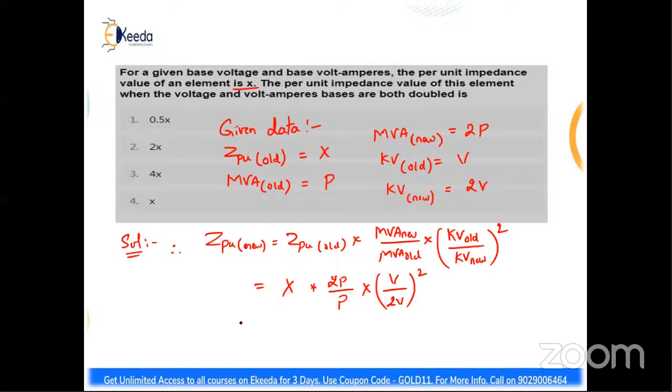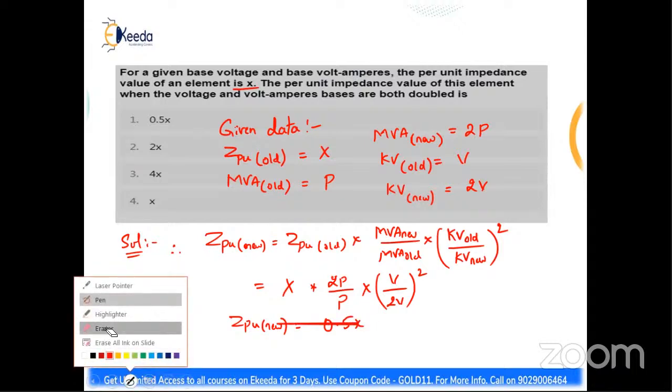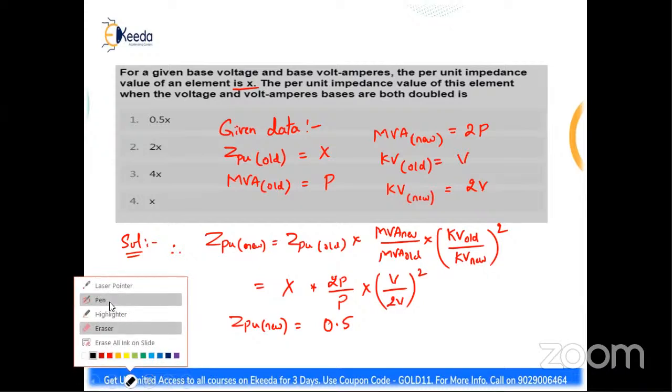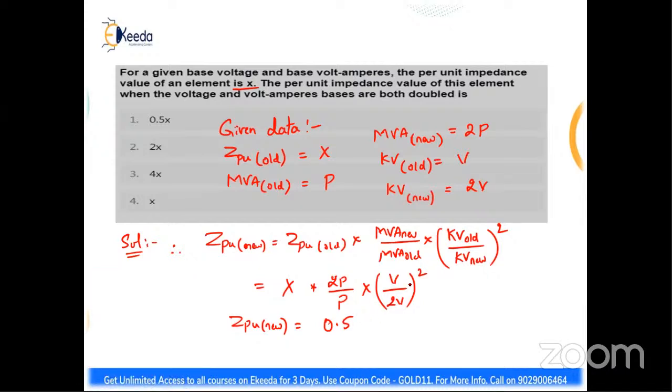So now P and P will get cancelled, V will cancel. If you calculate the whole term, 2 square is 4, so 1 by 4.